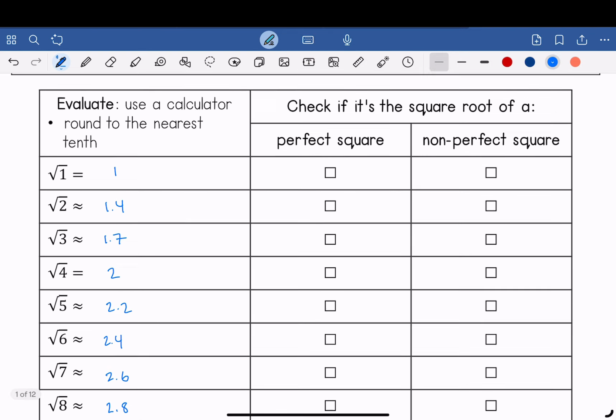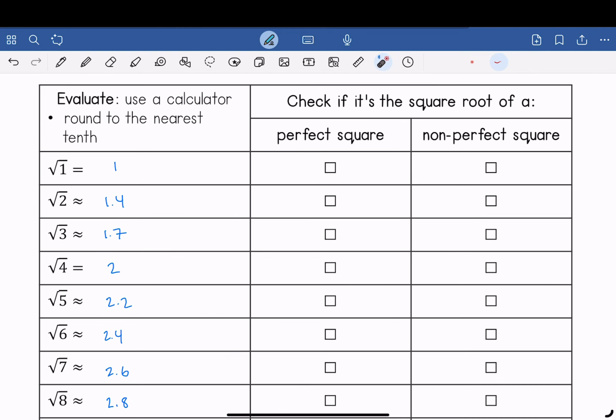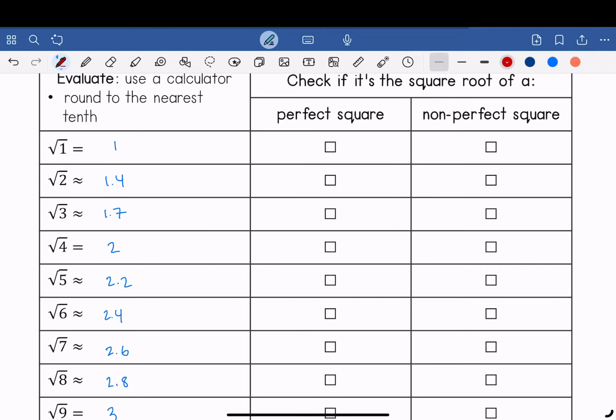So let's check if each square root is that of a perfect square or a non-perfect square. The square root of 1, 1 to the power of 2, is a whole number, an integer, so it's a perfect square. Square root of 2 is not.